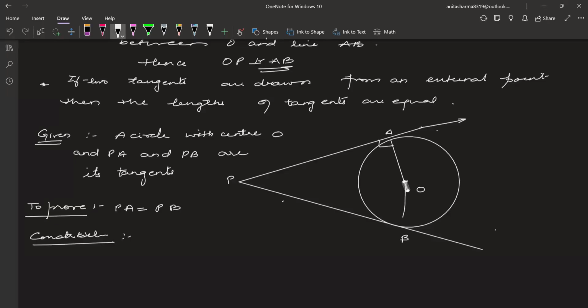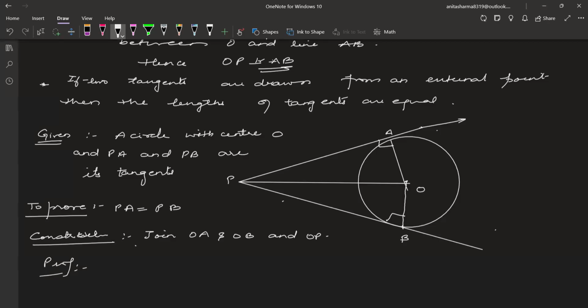And this is also perpendicular. Clear? So now construction, we will join P to O. So you will write join OA, OB and OP. Clear? Then prove. Now we have to prove this PA is equal to PB.